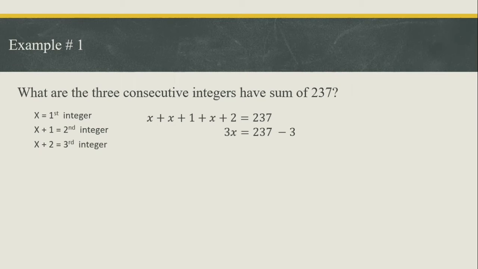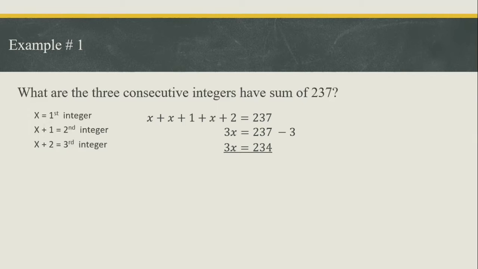So that is 3x equals 237 minus 3. The reason it became negative 3 is that the 3 on the left side, we transpose it to the right side. So simplifying the equation, 3x equals 234.